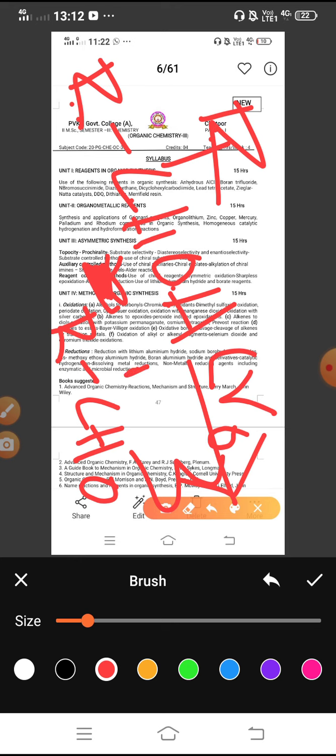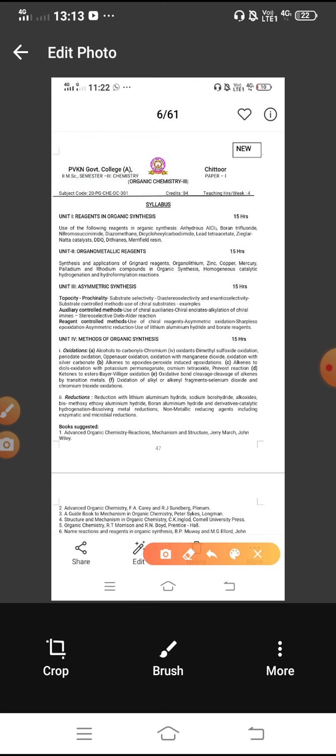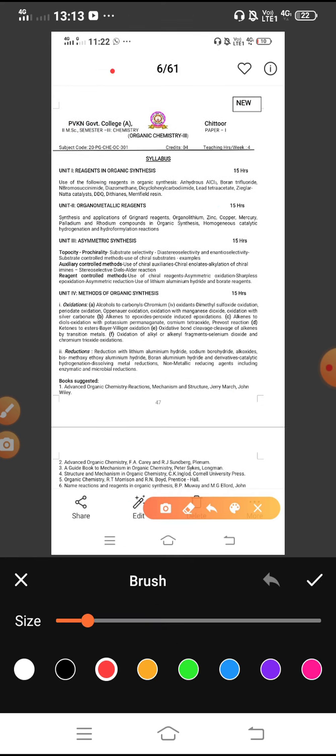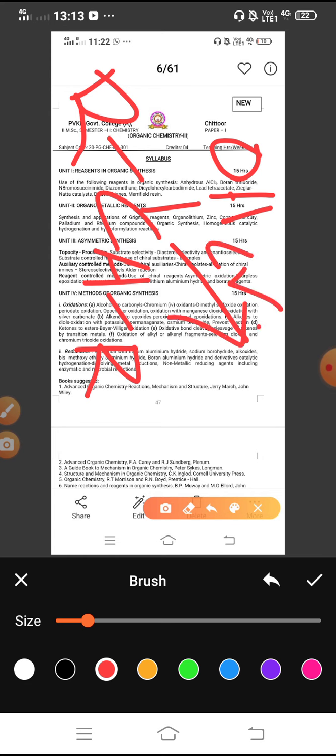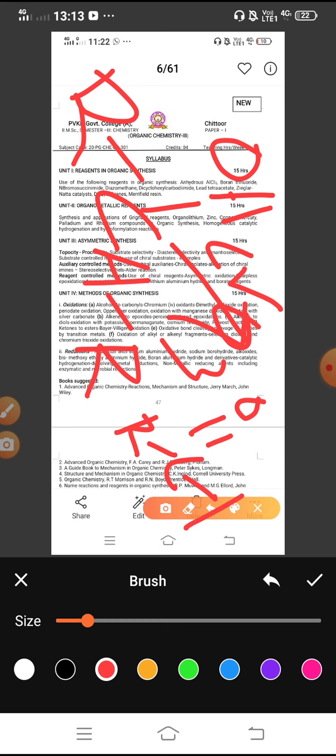It is converted into ketones, R C double bond O R. So secondary alcohols, RCHOHR, are treated with CrO3 and converted into R C double bond O R, a ketone.